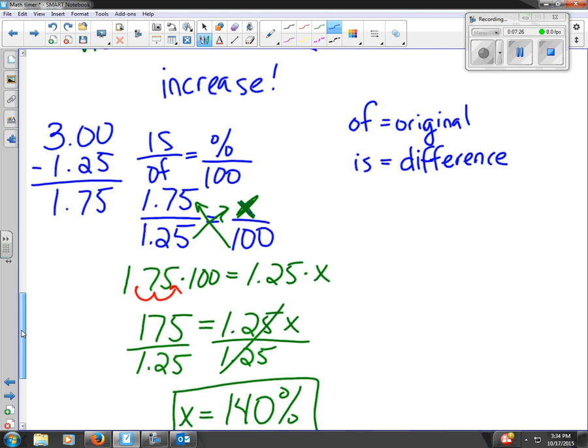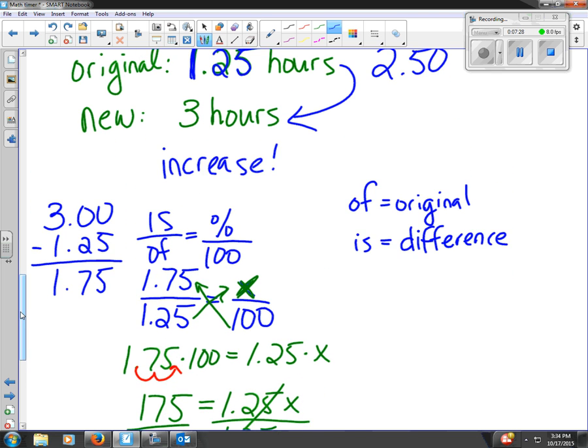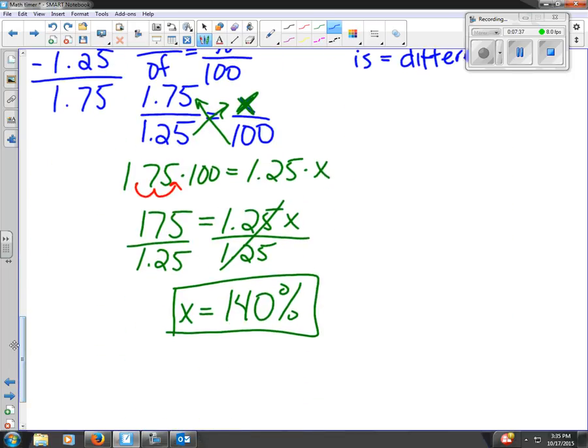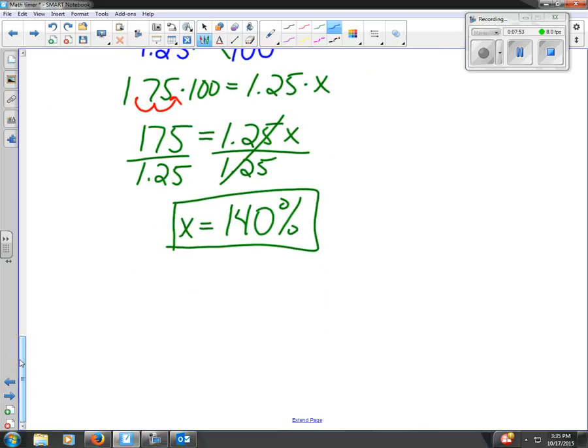Well, we're even doing more than that because we have another half hour to add to get to 3 hours. So that makes sense. It's about 140%. Okay, you always want to make sure that your answers make sense. It's really important that your answers make sense. So 140% does work.